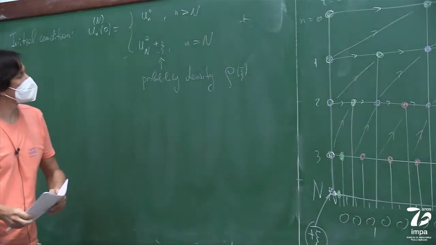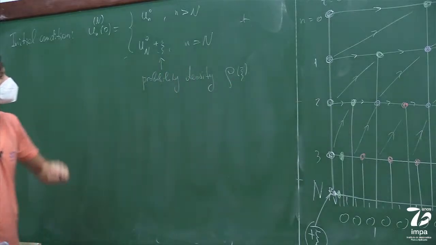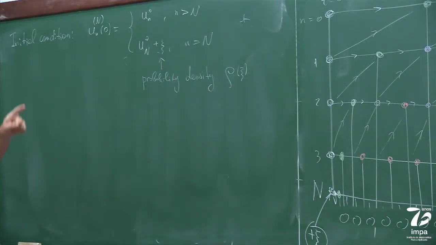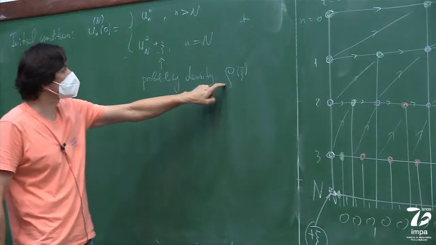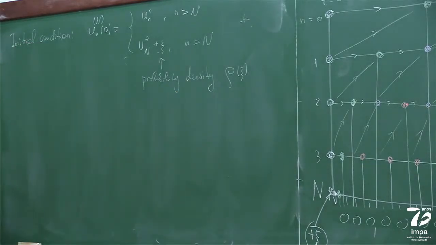We just define the probability for getting different values of xi. Everything we need is that it is absolutely continuous, meaning that there is this function which is measurable.